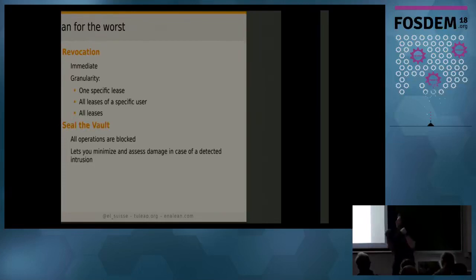It's a feature of Vault: it will shut down and stop any operation it's doing. That will give you some time to audit the logs and see how much damage there has been with the intrusion.